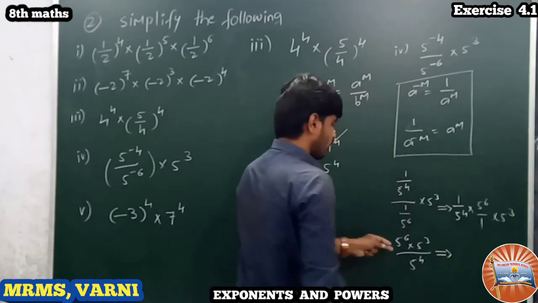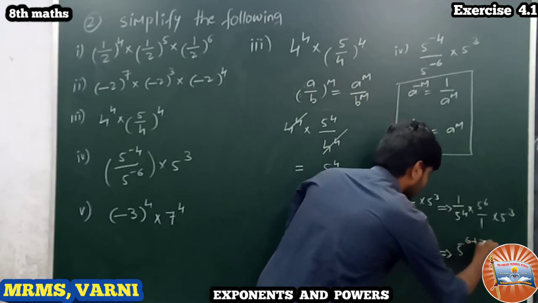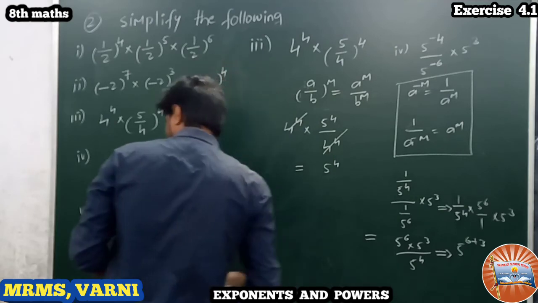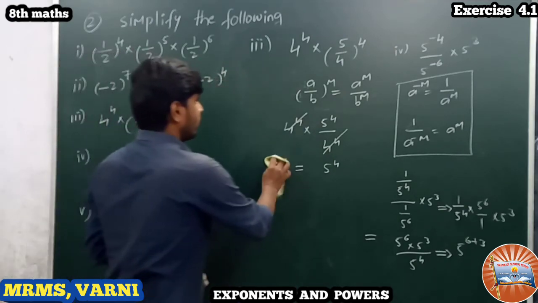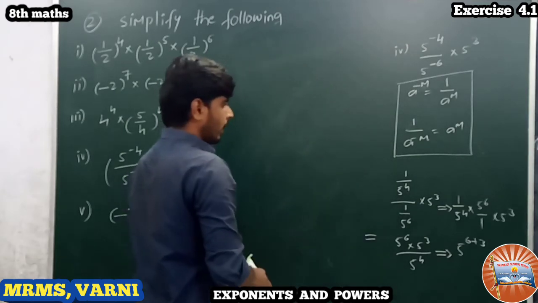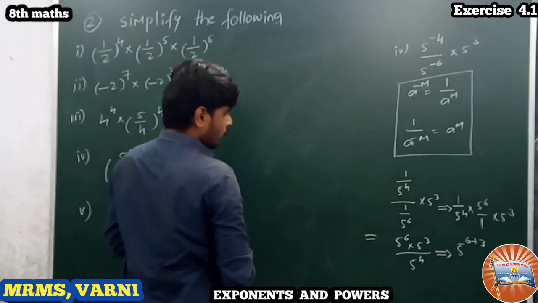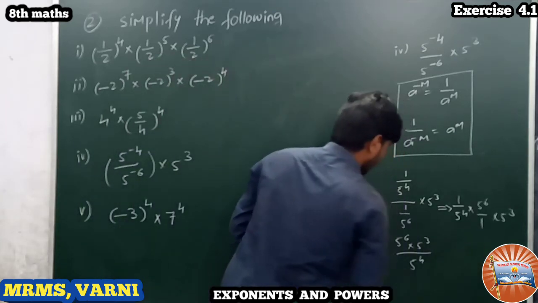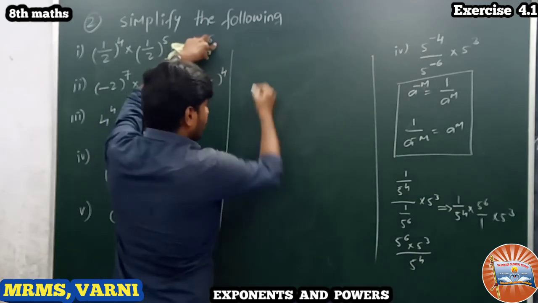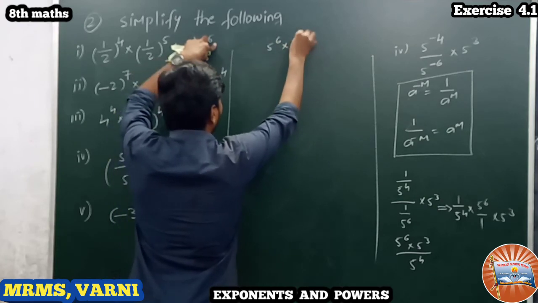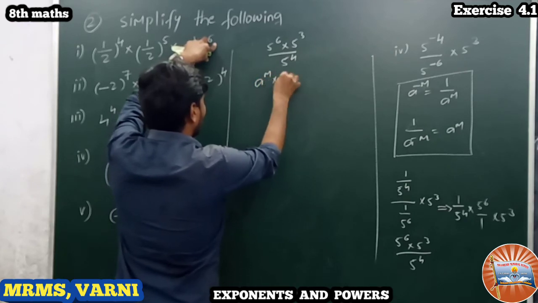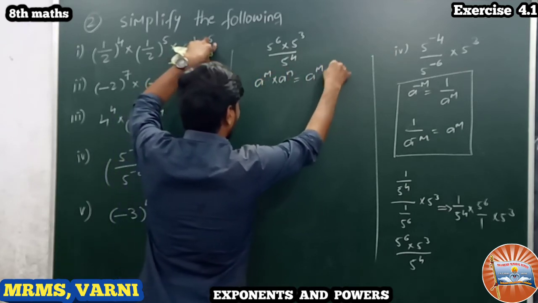So I'm going to write the formula here. 5 power 6 into 5 power 3 by 5 power 4. We have a power m into a power n is equal to a power m plus n.